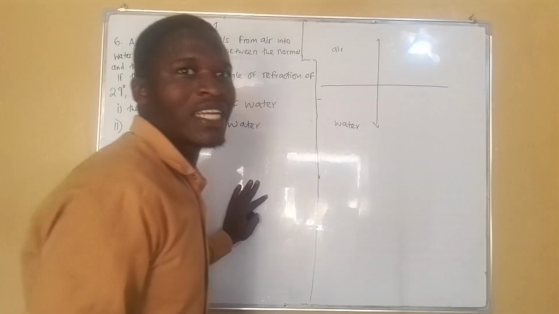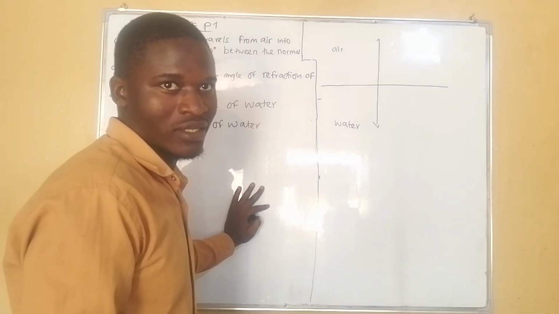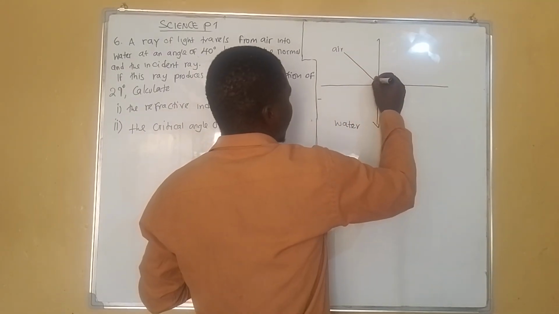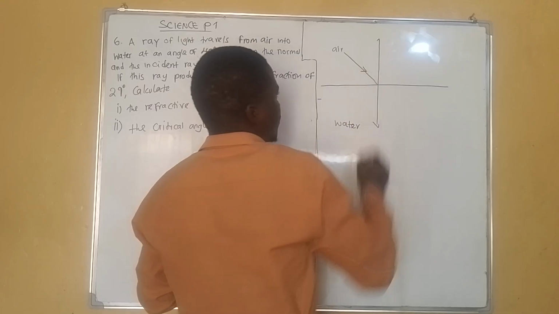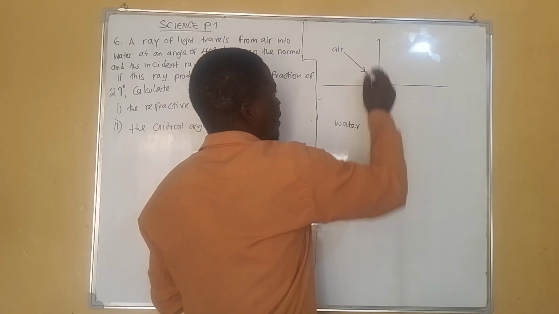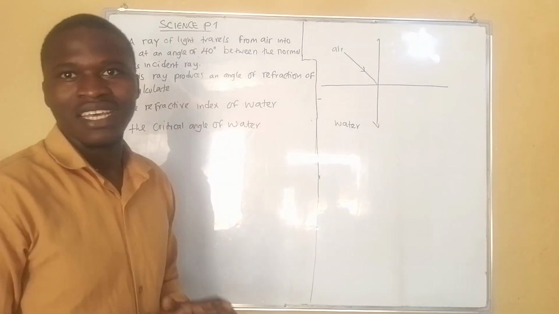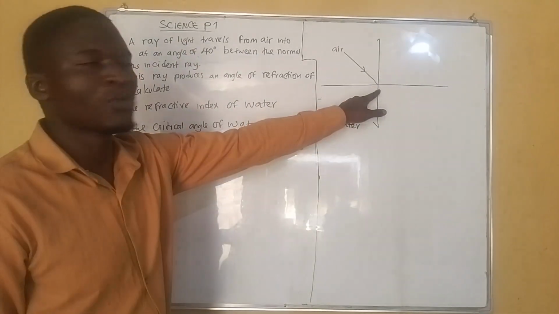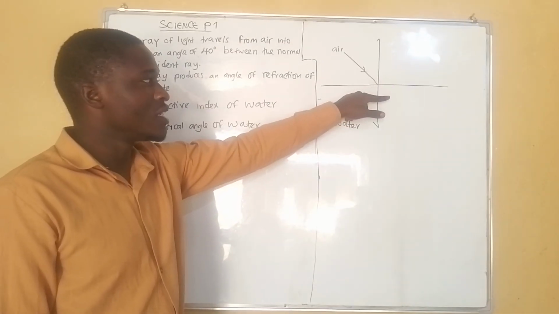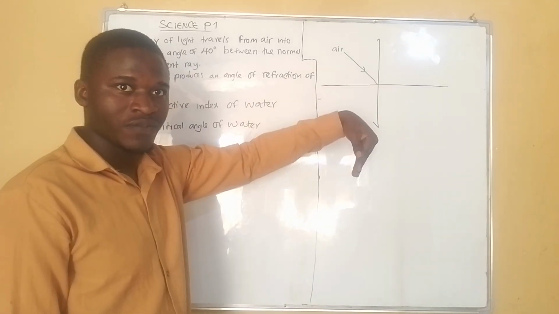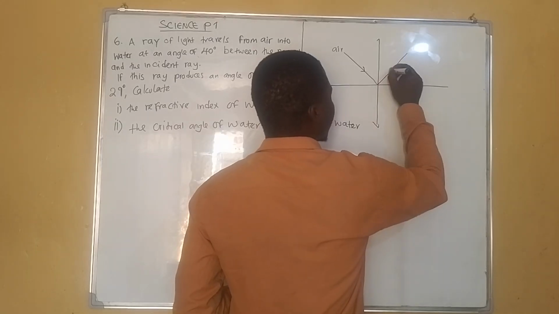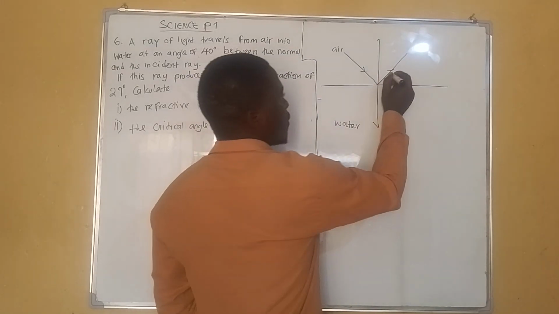A ray of light is coming from air. For refraction, a ray of light does not bounce back. Instead, it passes through the medium, water. If it was reflection, it would have bounced back like that.